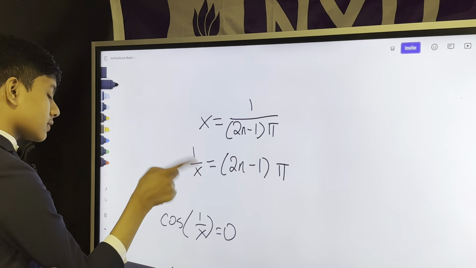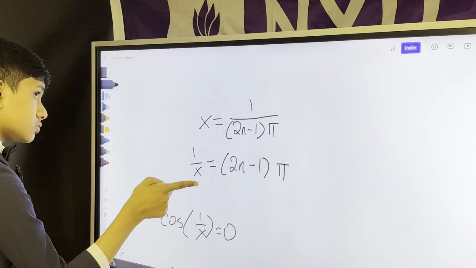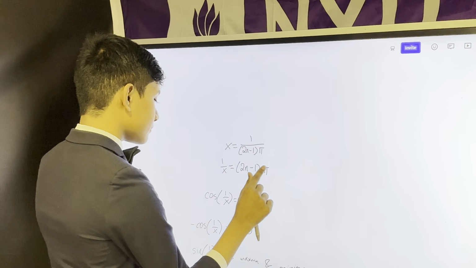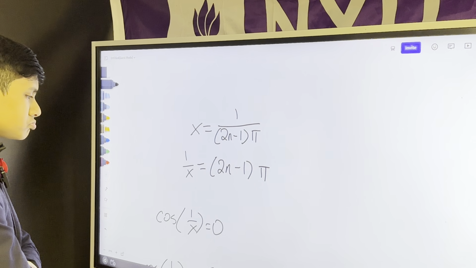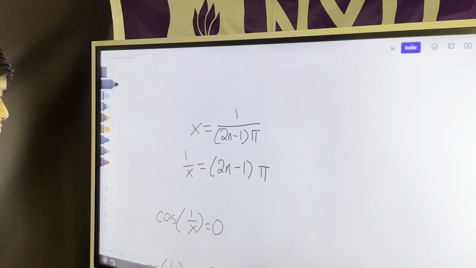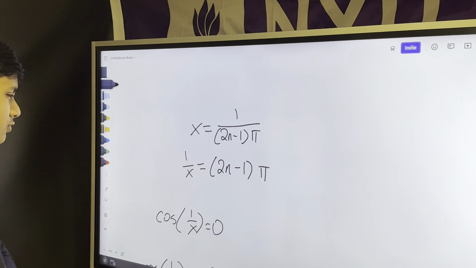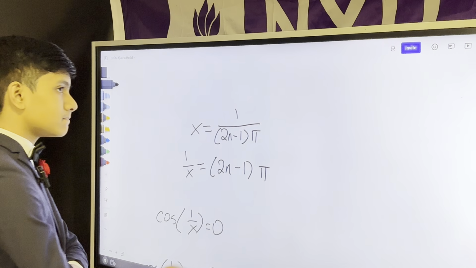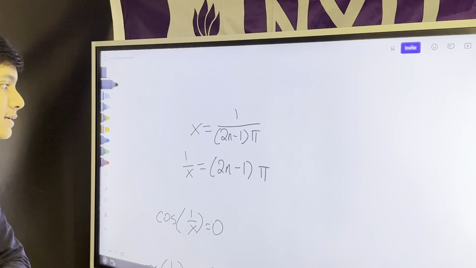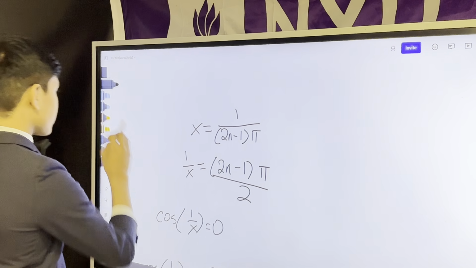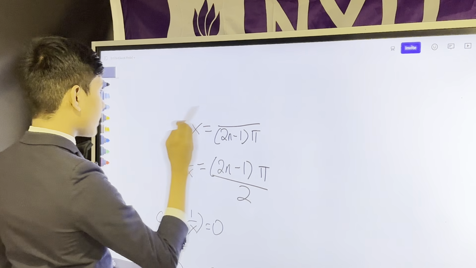Wait a second. Yeah, that sounds right. But is it true? Cosine of 1 over x is 0. Oh, I think it's pi over 2. Yeah, pi over 2. Yeah, okay.